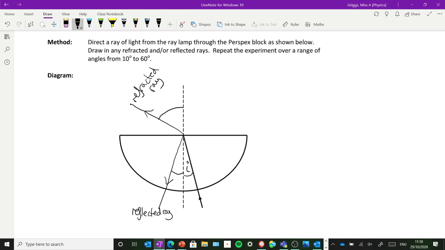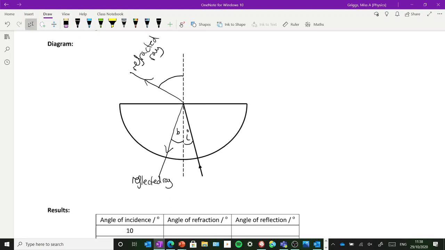That's our angle of incidence, I. That's our angle of reflection, which I'm going to call, let's say just B, because they're both R's. And that's our angle of refraction, which I'm going to call C. So we've got angle of incidence, angle of reflection, and an angle of refraction, because you're going to be measuring both the angle of refraction and the angle of reflection in this experiment.